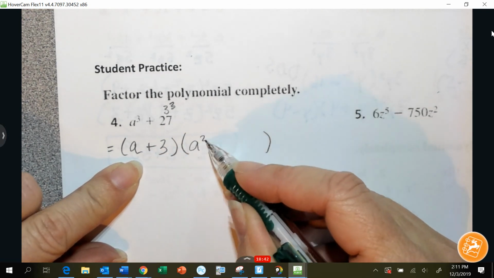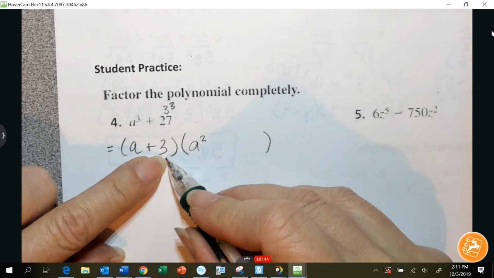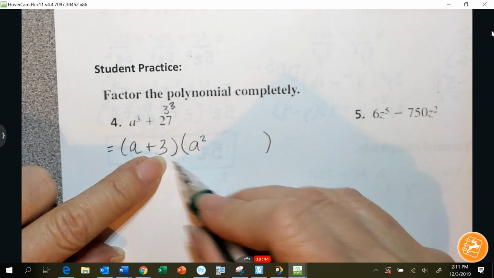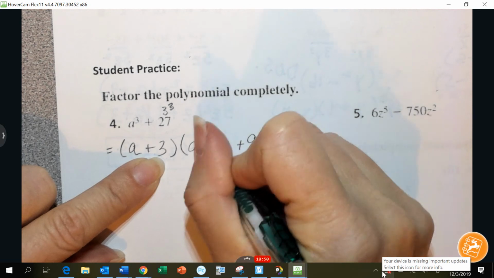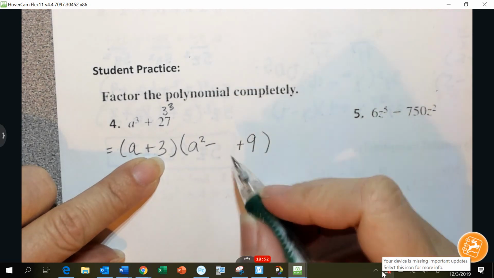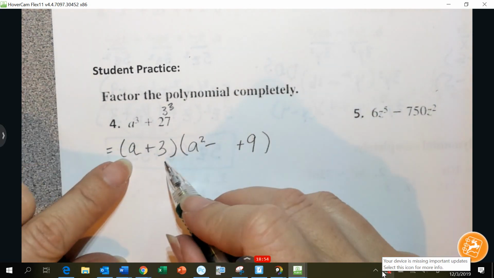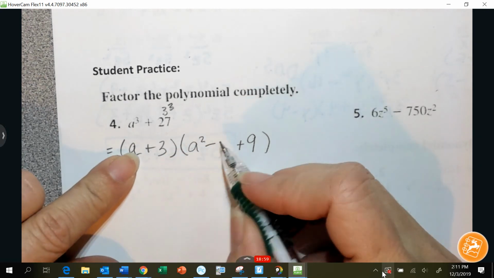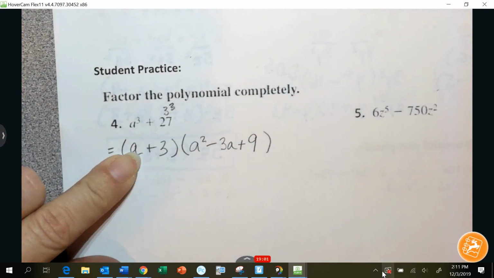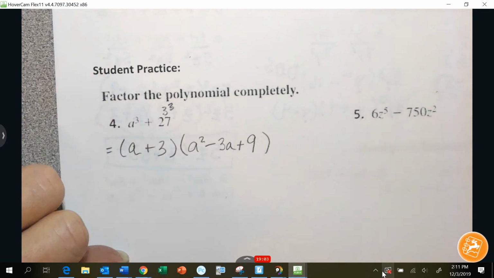And then the last one, you're going to square the 3. So 3 squared, 9. And then we always subtract in the middle the two terms multiplied together. So a times 3 is 3a. It is factored.